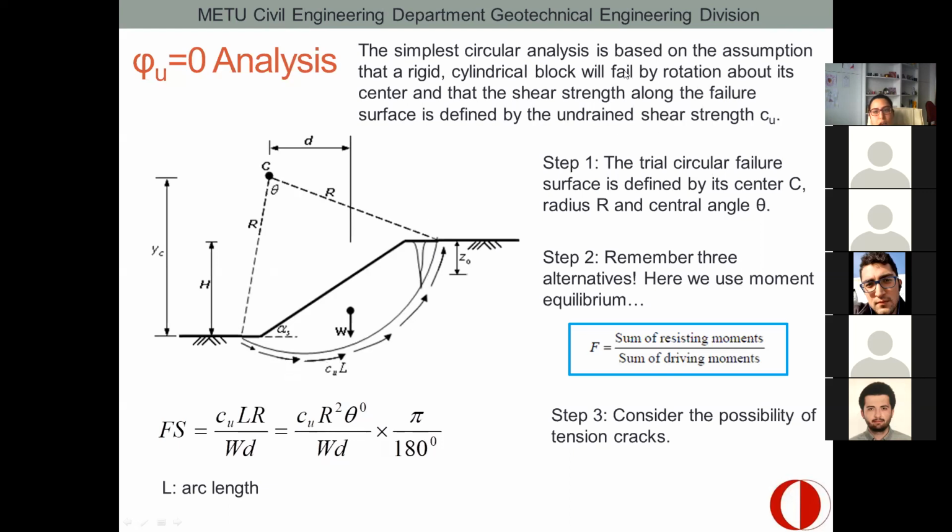So this sentence is trying to tell me that the failure surface is a circle, and I know the center of the circle, C, and I know the radius of the circle, R, and I know the angle theta, so I can calculate this failure surface's length. Okay. And along this failure surface, the shear strength is defined by the C_u, because phi_u is equal to 0. Okay?